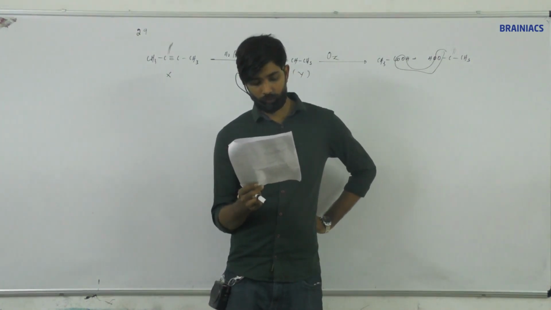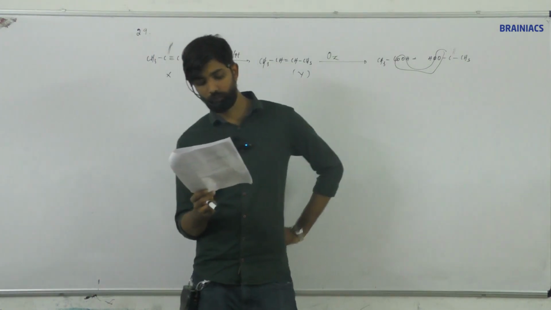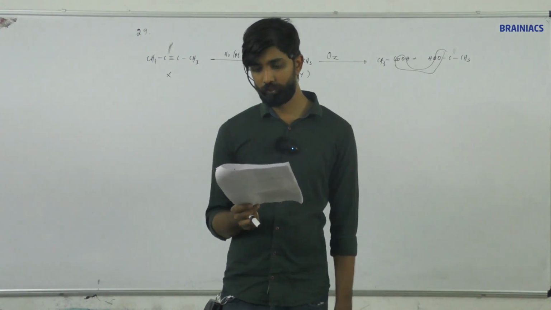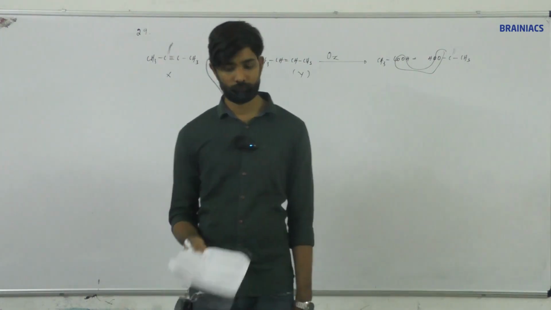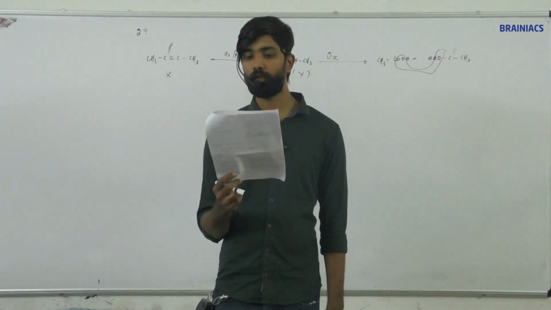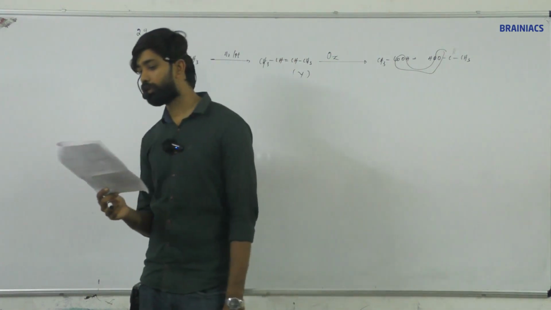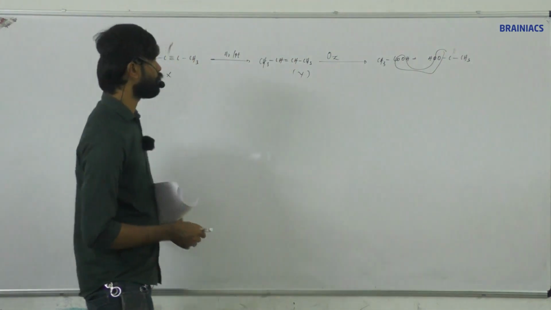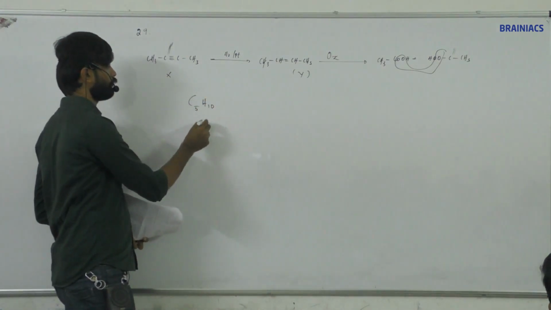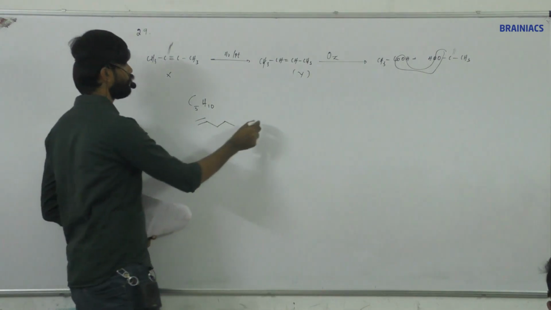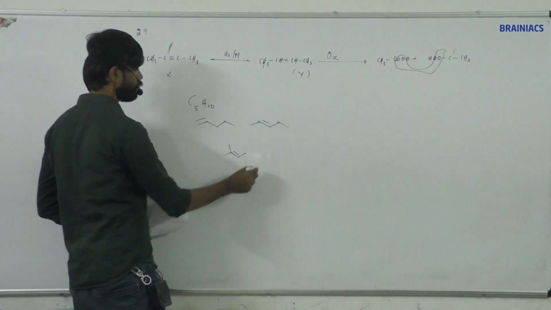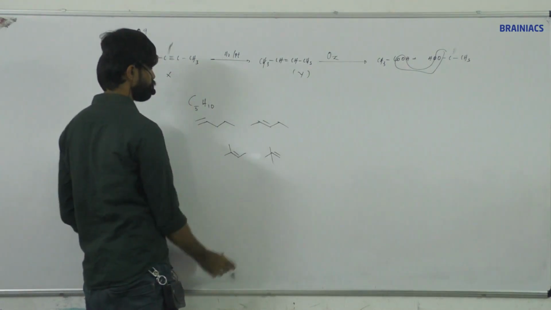Question number 34. Consider the following statements of hydrocarbon of molecular formula C5H10. C5H10 means alkene. Okay. It may be monosubstituted alkene, disubstituted alkene, trisubstituted alkene. Which of the following statements are correct? So how many C5H10s are there? Pent-1-ene, pent-2-ene, this one, not possible.